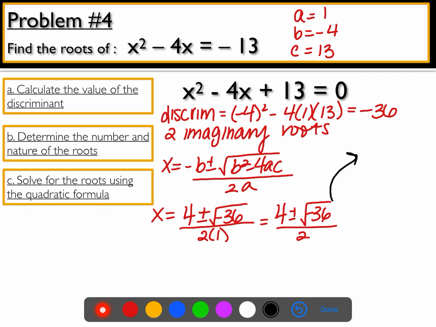The square root of -36 is -1 and 36 if I split that up. The square root of -1 is i, and the square root of 36 is 6. So we're going to take this entire radical here, and replace it with 6i.